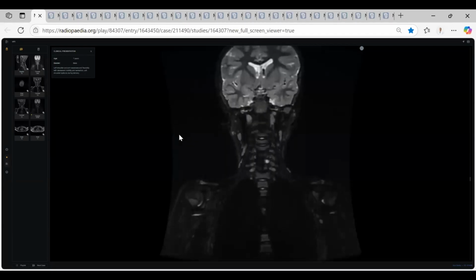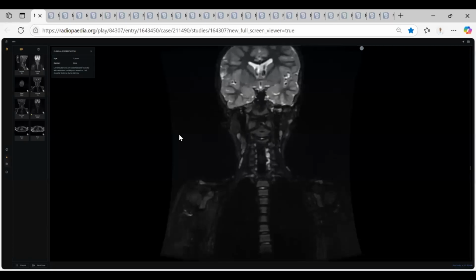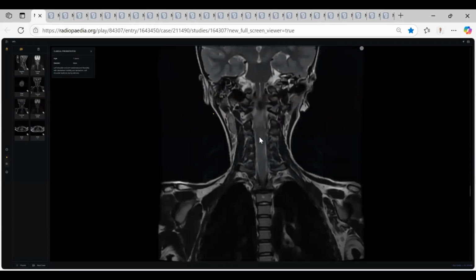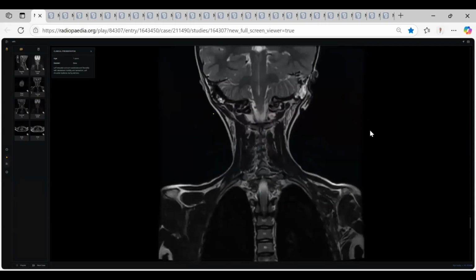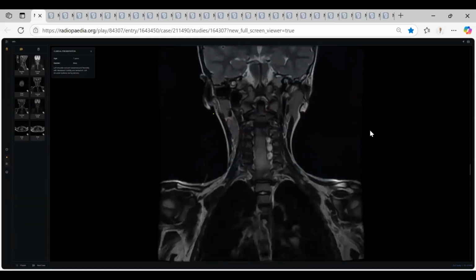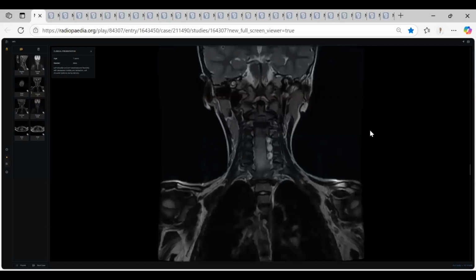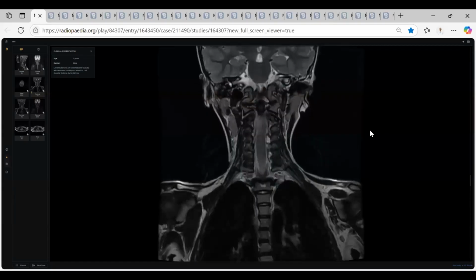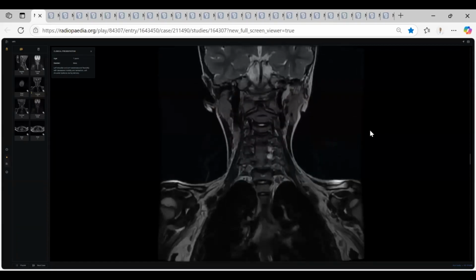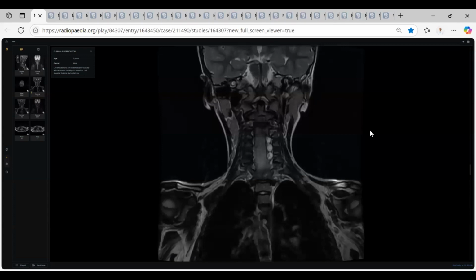When I give you one sequence, I'm trying to help you, so you must tell me the name of the sequence. What happened here? This is coronal T2.